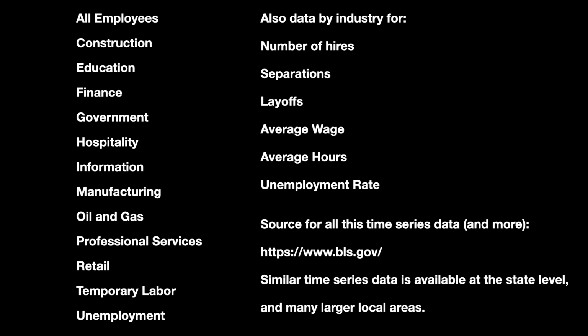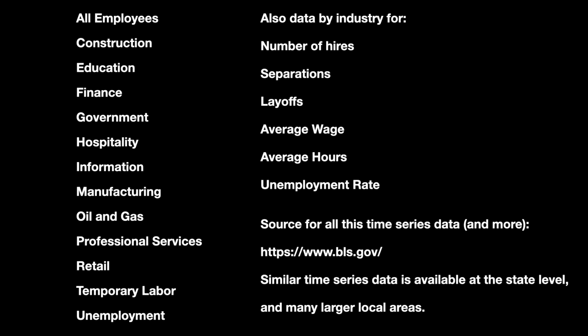You can get it by either all employees or many, many sectors of the economy, such as construction, education, finance, government, hospitality, on and on and on. And then within those, you can get number of hires, separations, layoffs, average wage, hours, unemployment. So you'll get the measure every month on a regular basis. That's what makes it a time series. And then the URL again for all this is right there.